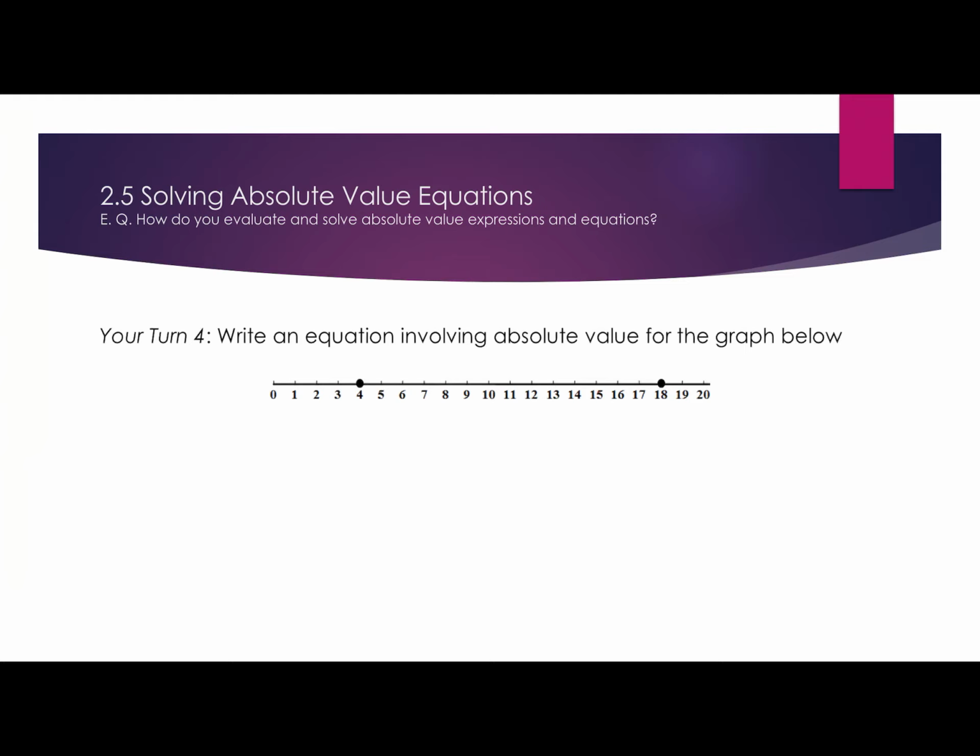All right, so our endpoints now are 4 and 18. So I'm going to go ahead and write down the formula I need. I need x minus the midpoint equals 1/2 the range. So let's find the two things we need. So the first thing we need is our midpoint. So the midpoint, to find that, I'm going to take our endpoints, add them together, divide by 2.